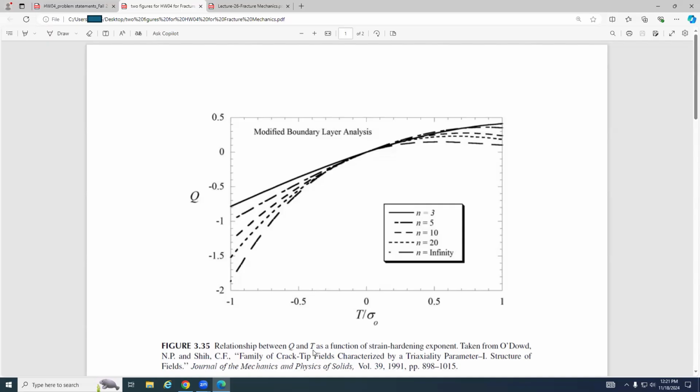However, there are two directions on the figure, one negative and one positive. Because T is lower, we go in this direction, so this is negative. So T divided by sigma equals negative 0.3.